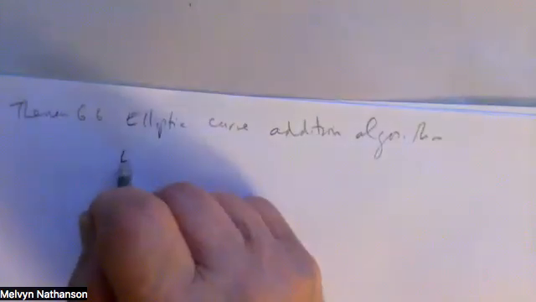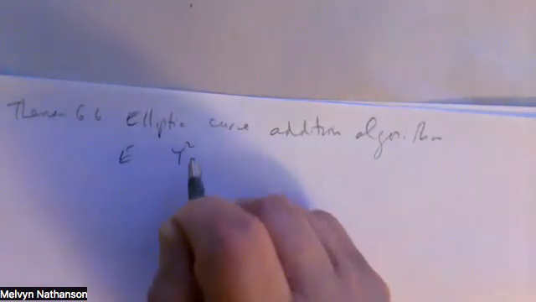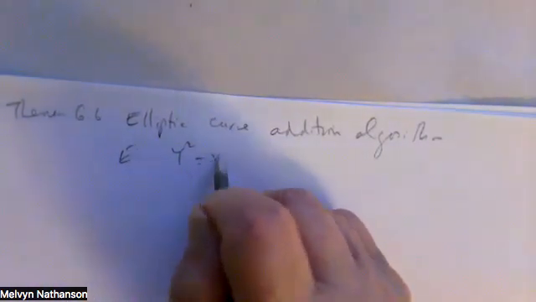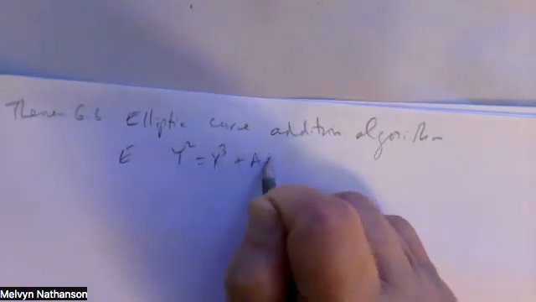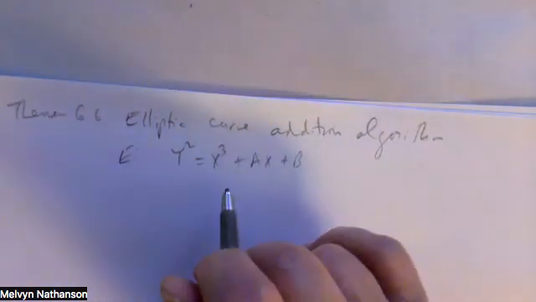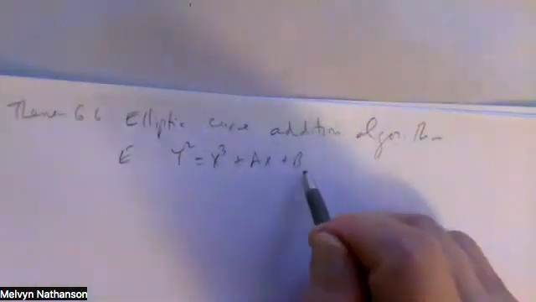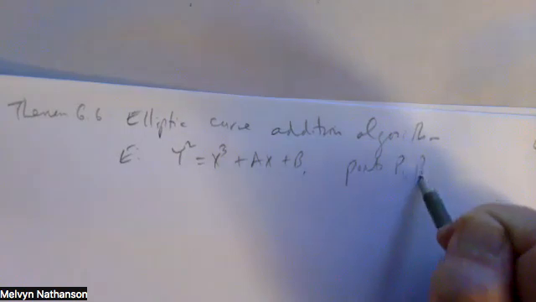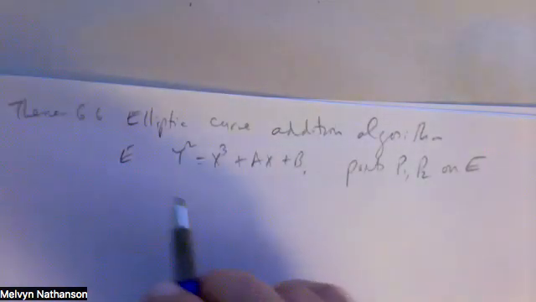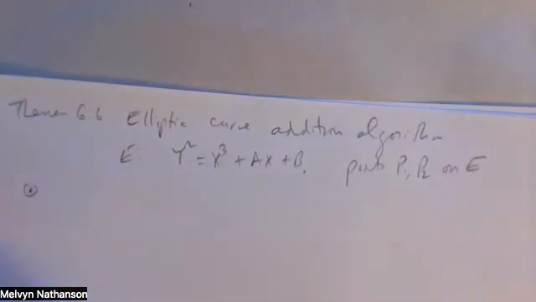So you have your elliptic curve, E, given by the equation y squared equals x cubed plus ax plus b. And we have points P1 and P2 on the curve. So I want to define P1 plus P2.